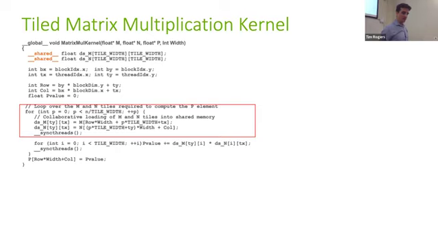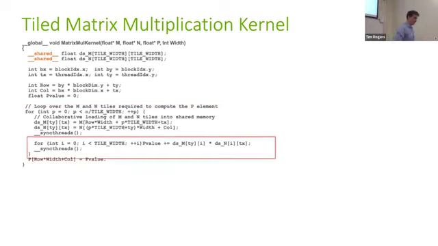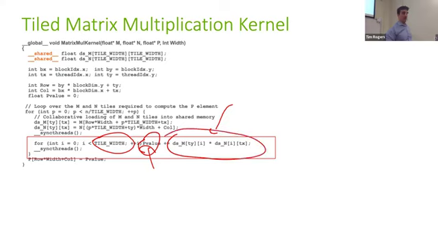All right, so they've loaded everything. After you get to this sync threads, they're done with their load. Then this is where the guts of the math happen. This is the inner loop that is going to compute the partial product. Again, each thread is computing its own partial product that's stored in its own respective register. But the key difference is that this loop that goes tile width times is loading from the shared memory and not from the global memory.